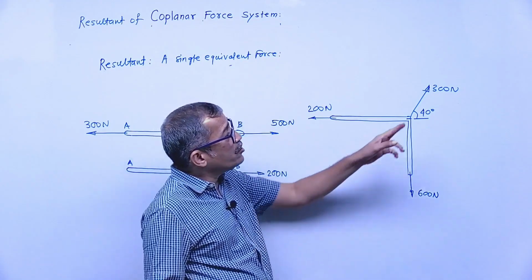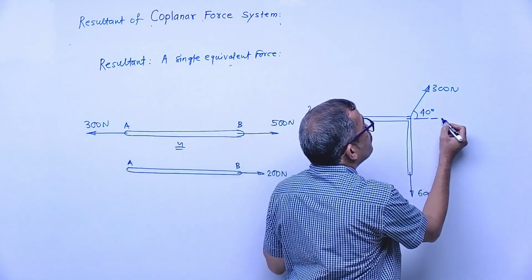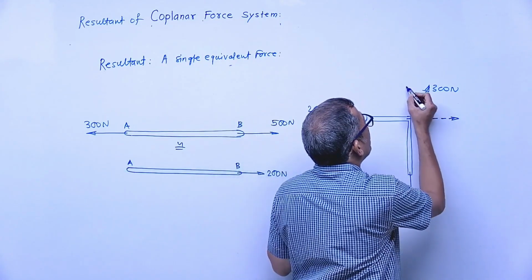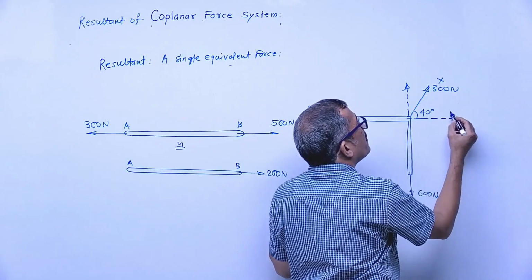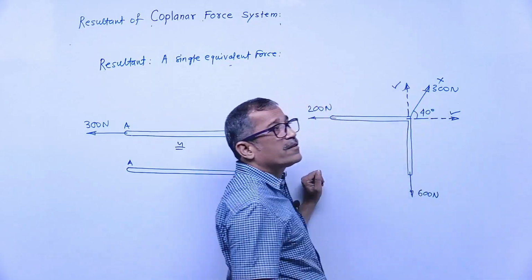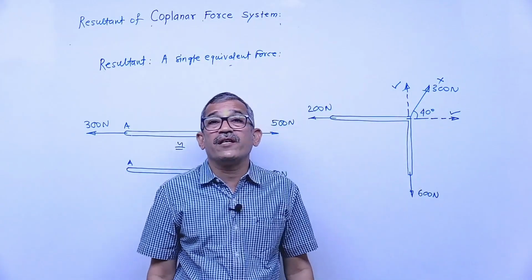For that, this inclined force, you have to split along these two axes. Here you can say horizontal and vertical. Instead of this one force, one component is like this, the other component is like this. This is called a component. It means the effect of these two forces and the effect of the single force remain the same.